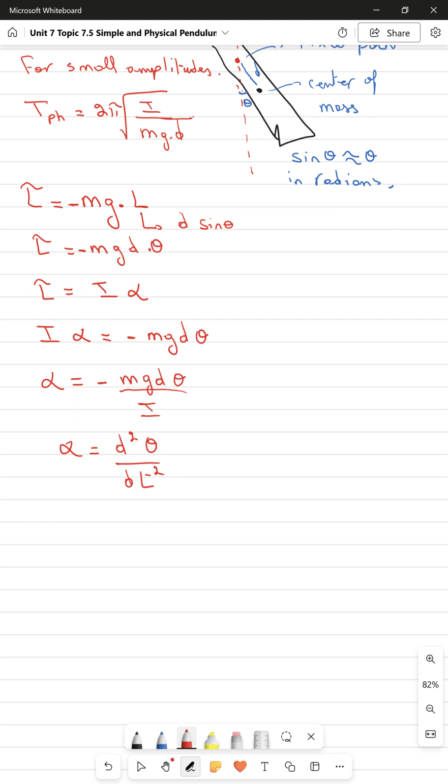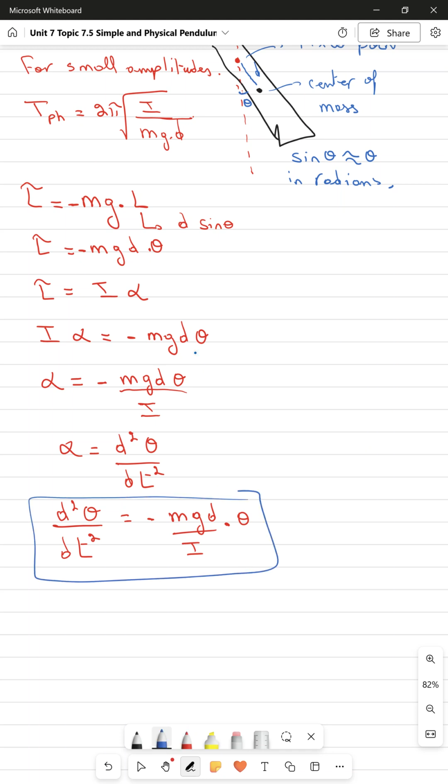So if we replace that, we'll get d squared theta by dt squared equal to minus mg d over I multiplied by theta. So that's an important equation for us.